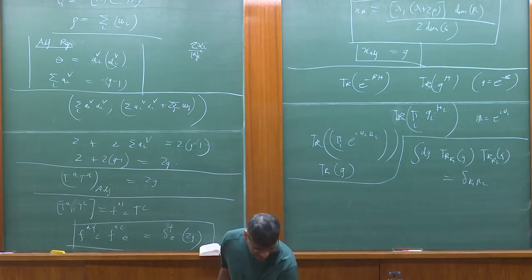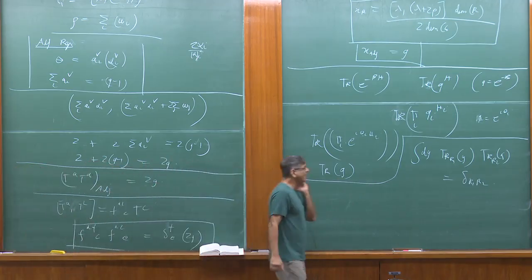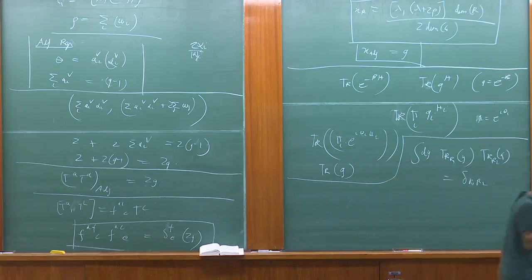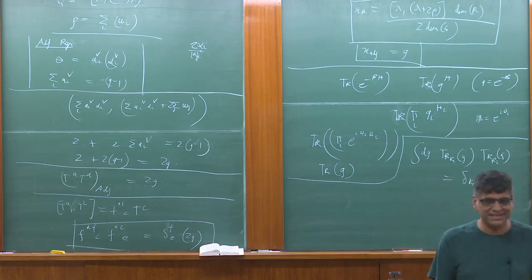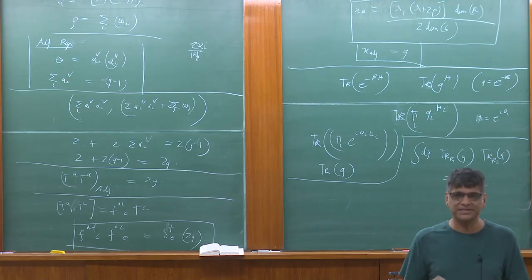The character formula. This is one of the most, well, I don't know how you guys are, but there are some things that you do in physics which are sort of easy to do. And then there are these mathematicians, I don't know how they think. Maybe they think like physicists, but they hide it.